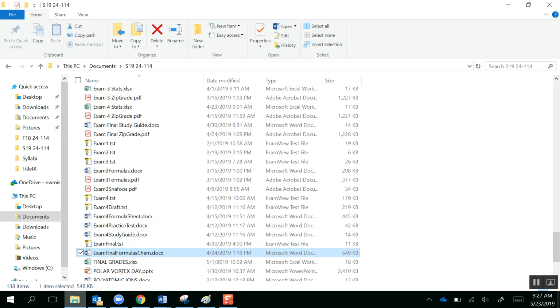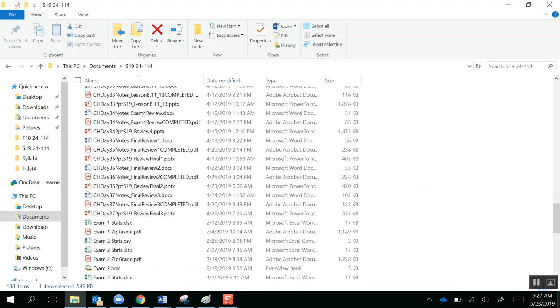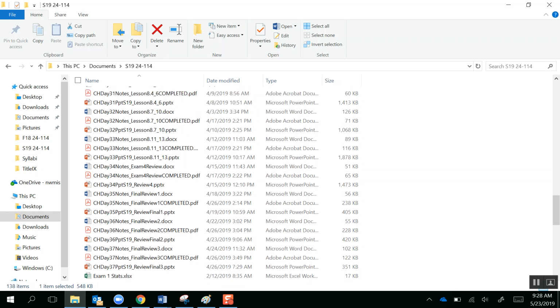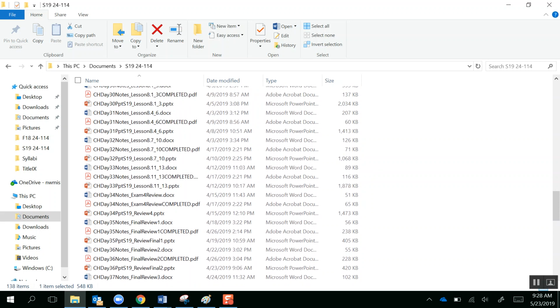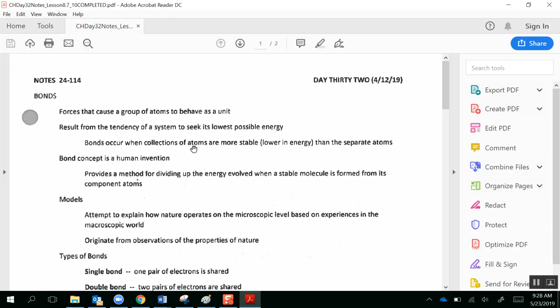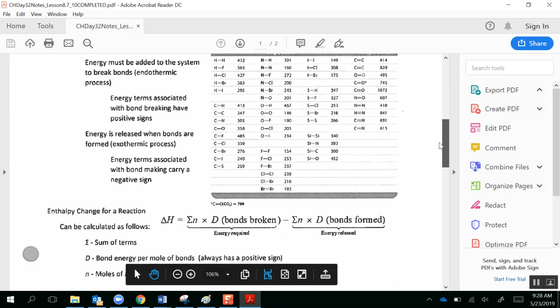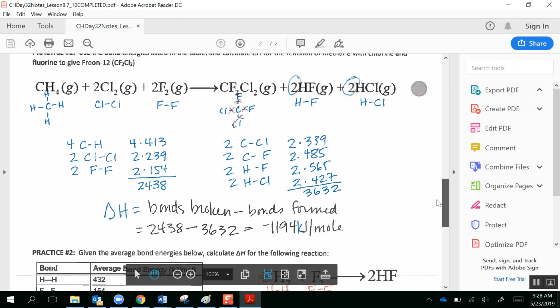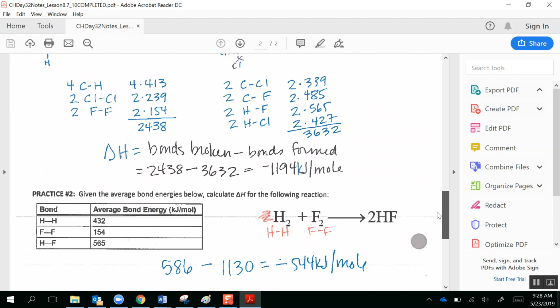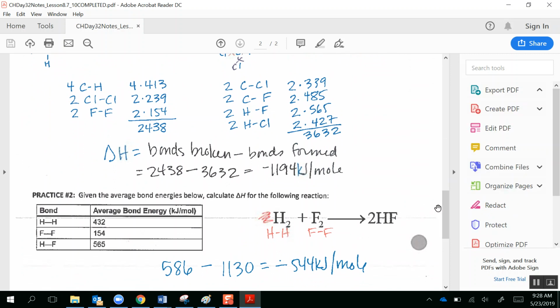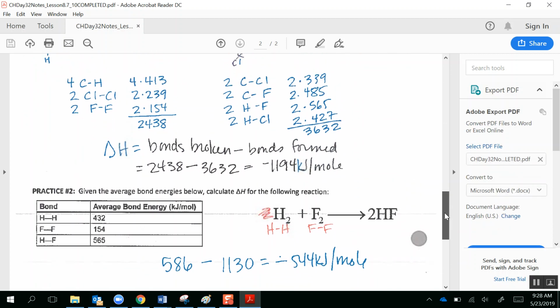What I'm going to do here is pull up the completed notes on this. Oh, I must have done my math incorrectly. I got negative 1,194 kilojoules per mole. I calculated something incorrectly. It looks like it was over here on this side.